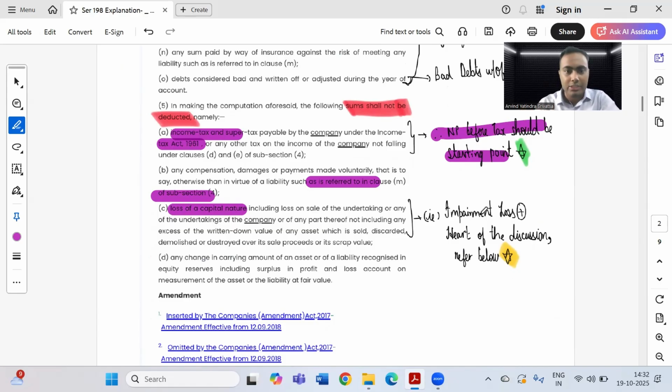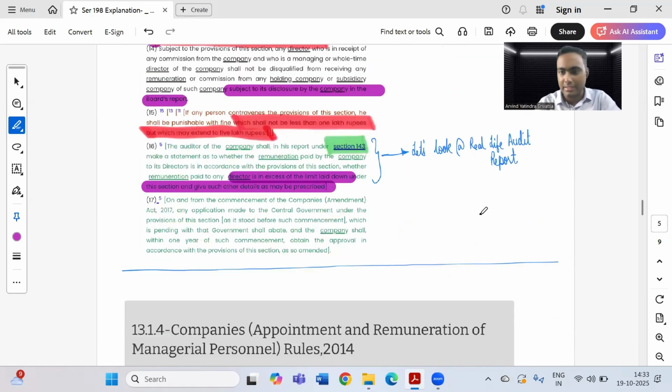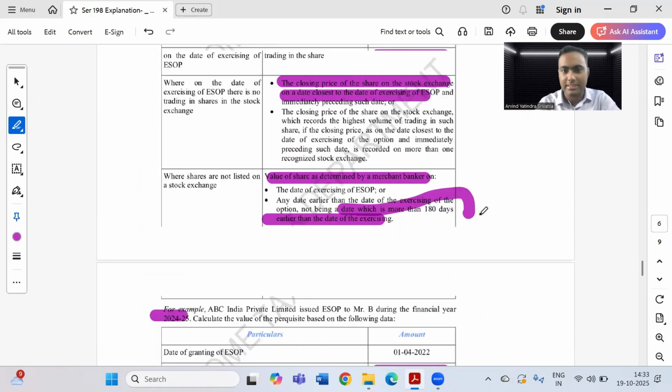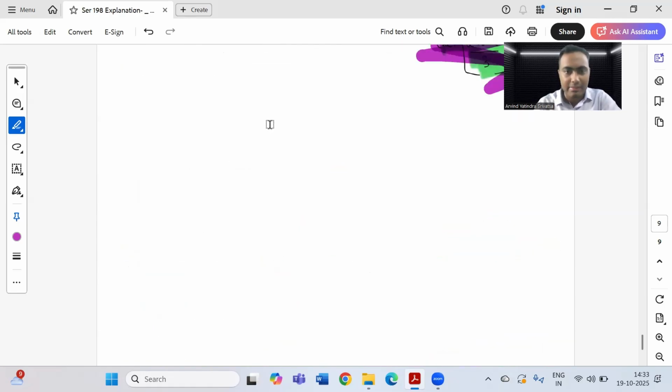So what we do is, for the purpose of CSR, even though it is not very clearly given in the section that your impairment loss in accordance with the AS or Ind AS is a loss of capital nature, for our CSR computation, we conservatively add back the amount of impairment loss.